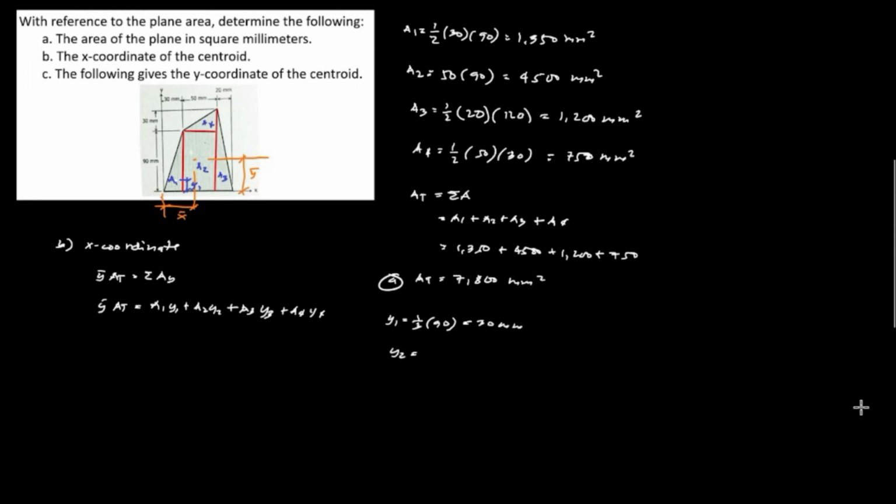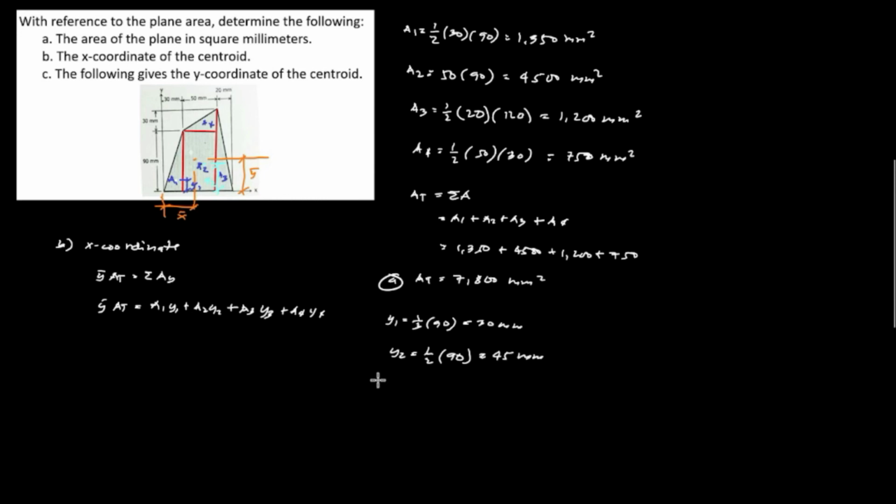Next, y sub 2. Y sub 2 is for the rectangle and its centroid, and we will designate this as y sub 2. The centroid of a rectangle in terms of the height is 1/2 of the height. 1/2 times the height, which is 90 millimeter, is equivalent to 45 millimeter.